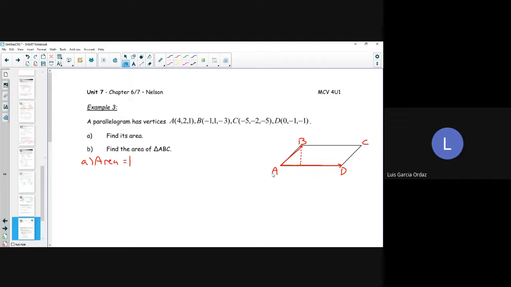So now we're taking the magnitude of (-5, -1, -4) cross product (-4, -3, -2).